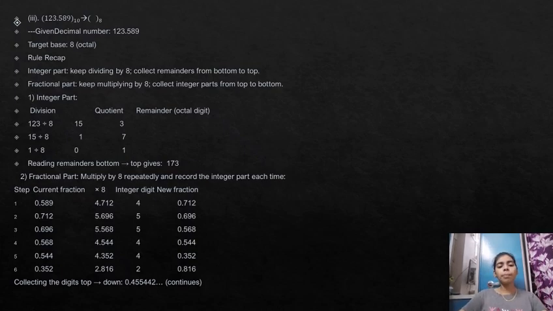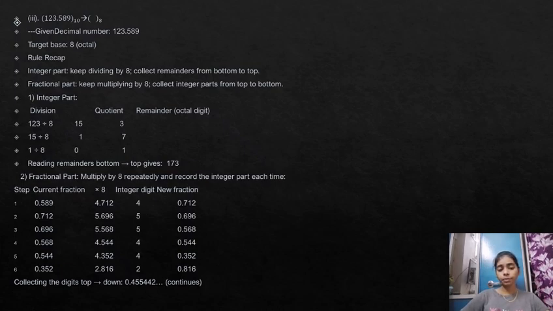For the fractional part, multiply by 8 repeatedly and record the integer part each time. The columns are the step, the current fraction, the multiplication by 8, and the integer digit with the new fraction. We multiply by 8, collecting the digits from top to down. In the above case, we take the remainders from bottom to top, while in the fractional part we collect the digits from top to down.